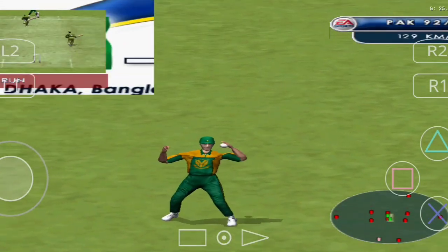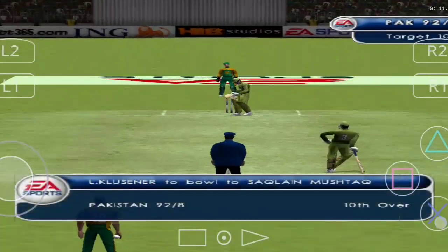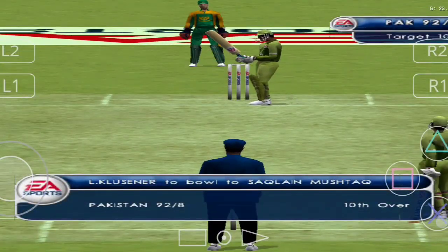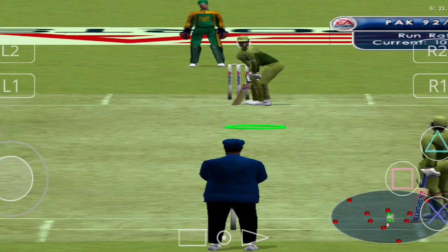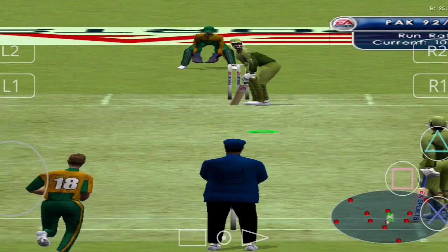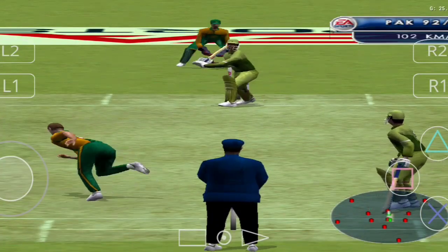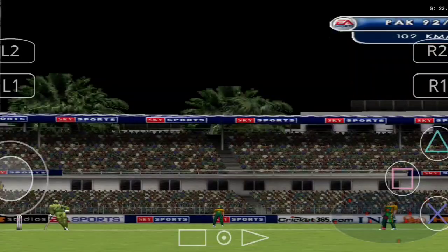Out. That was an athletic stop by the keeper.